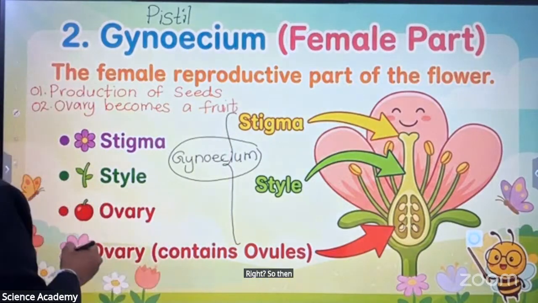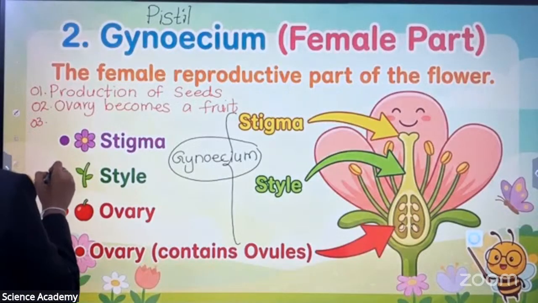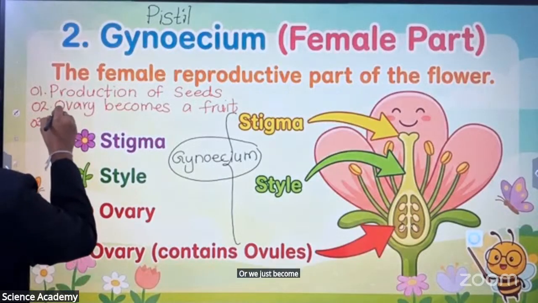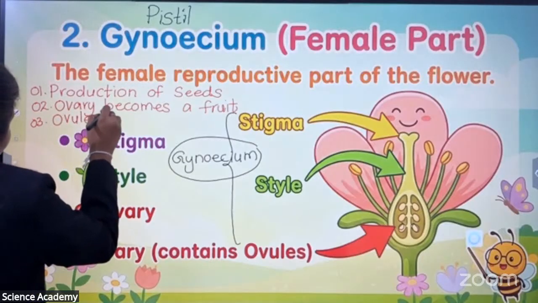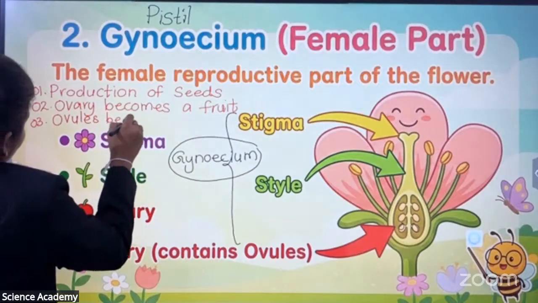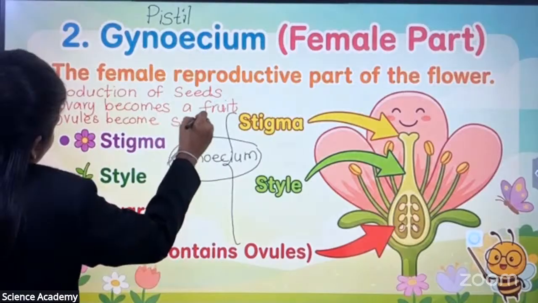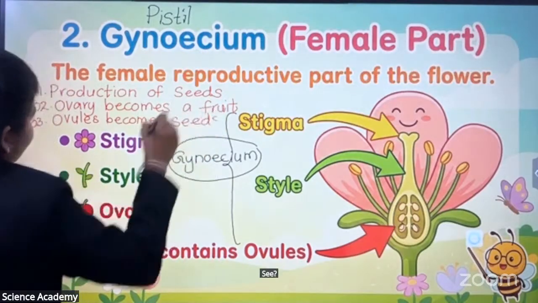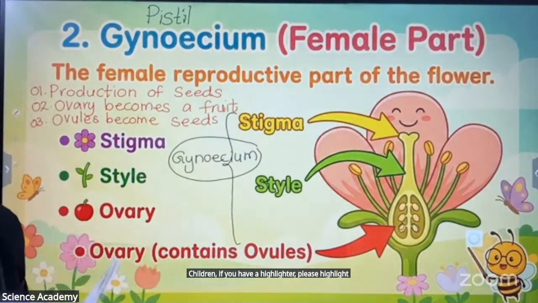So then third one, ovules become seeds. Children, if you have a highlighter, please highlight these functions, okay?